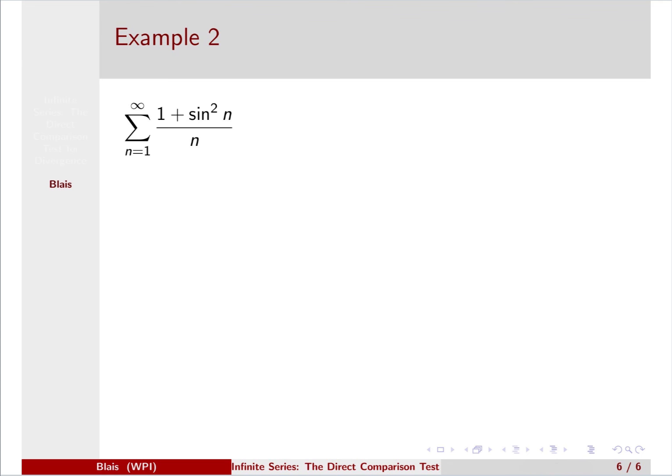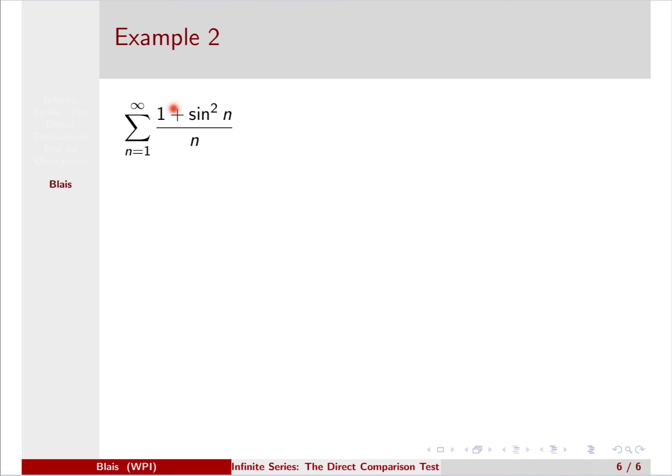To look at another example, suppose we have the sum n going from 1 to infinity of 1 plus sine squared n over n. And again, we want to get a feel for these and try and guess if it converges or diverges. And when we look at this, we see we have n in the denominator. That should make us think again of the harmonic.